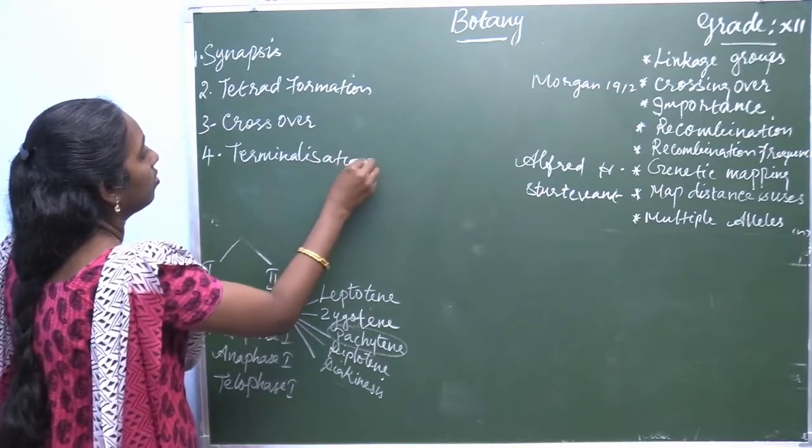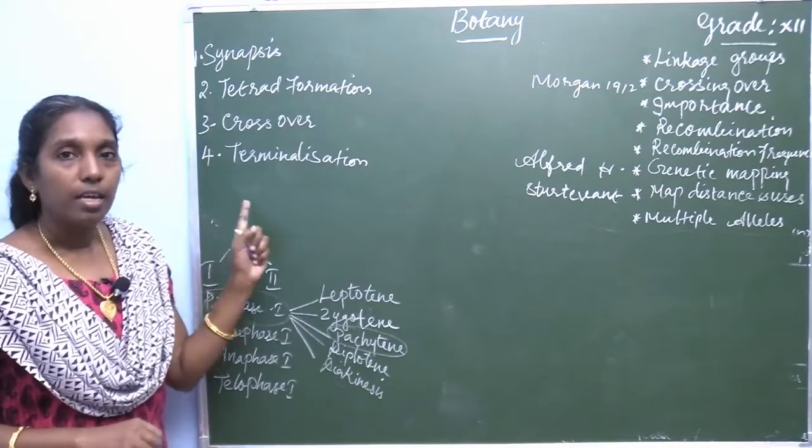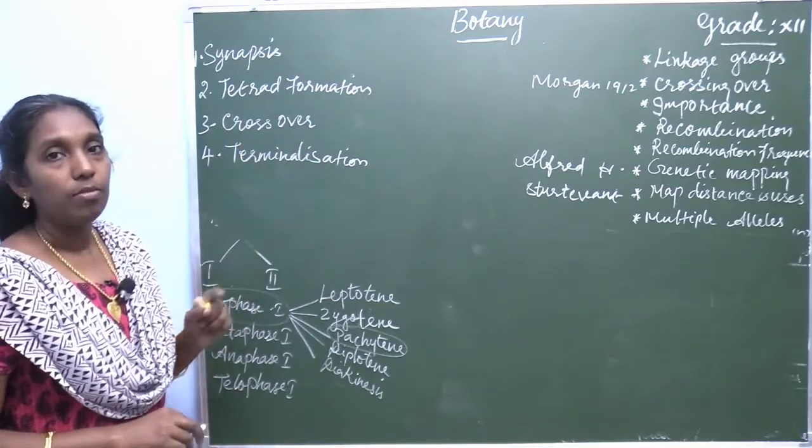These are the 4 stages involved in the mechanism of crossing over.